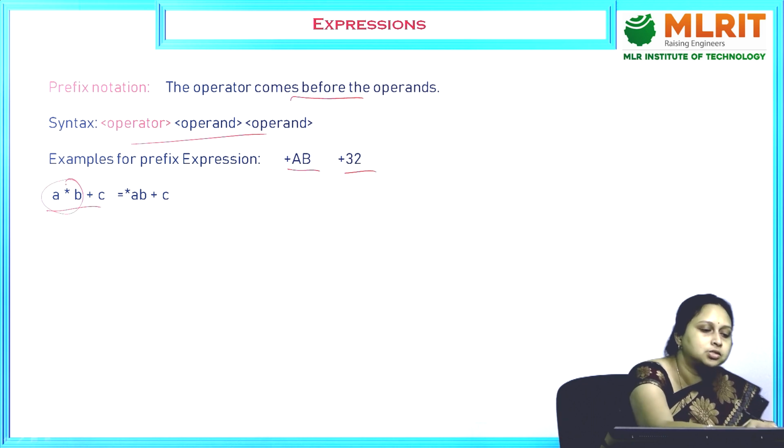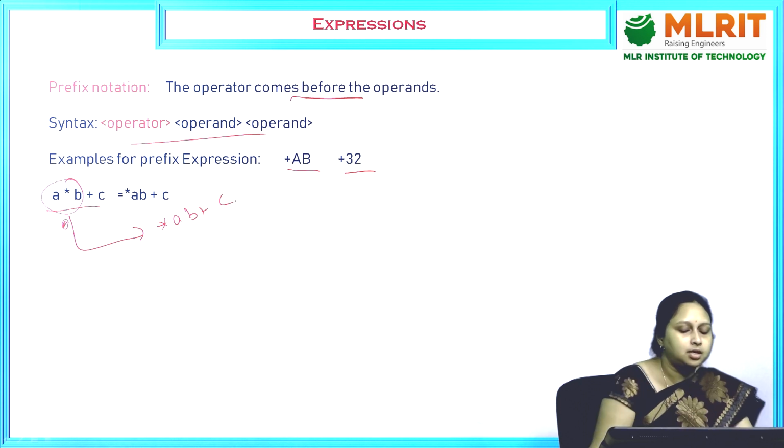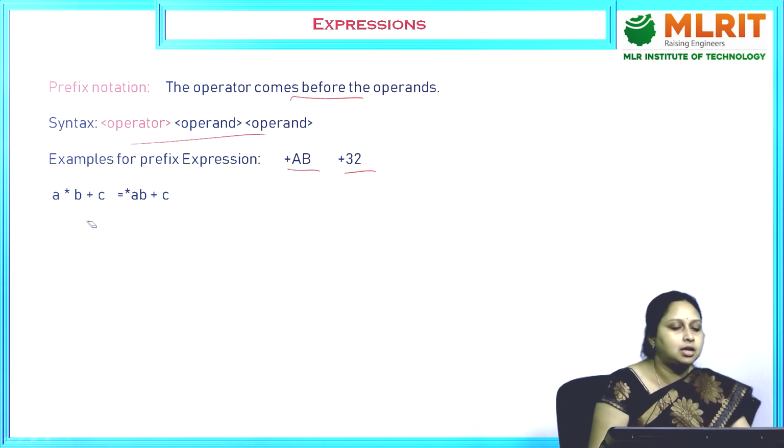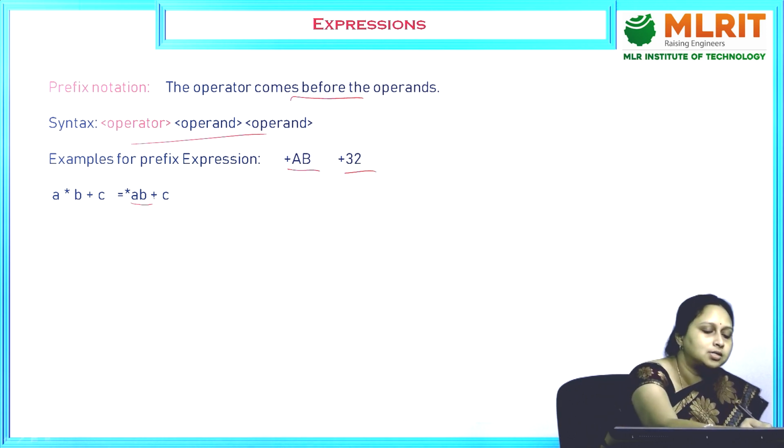First, this is the expression. Consider it as A, B, and prefix means we first represent it as star AB plus C. Right, this is one statement, and this is the first step. Next, I need to evaluate the remaining. Again I consider this as A and this as B, and this is the operator.